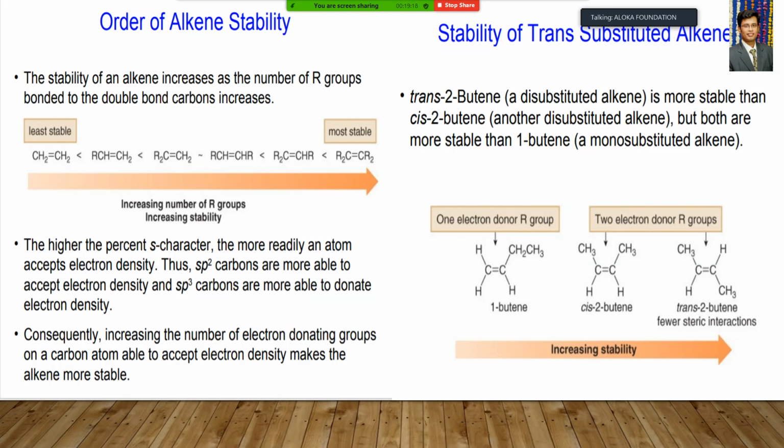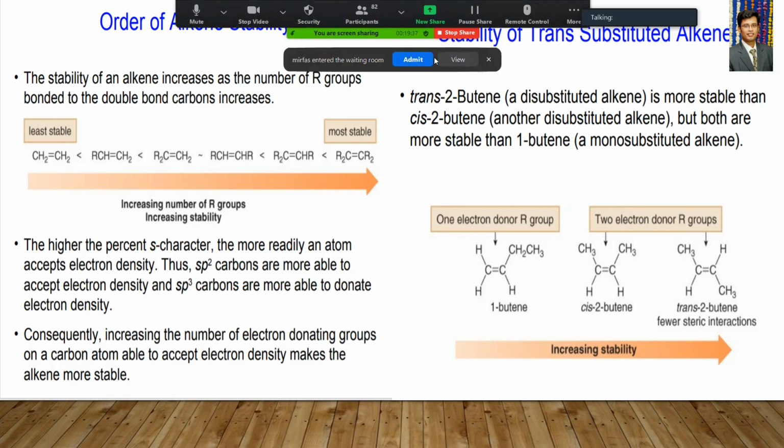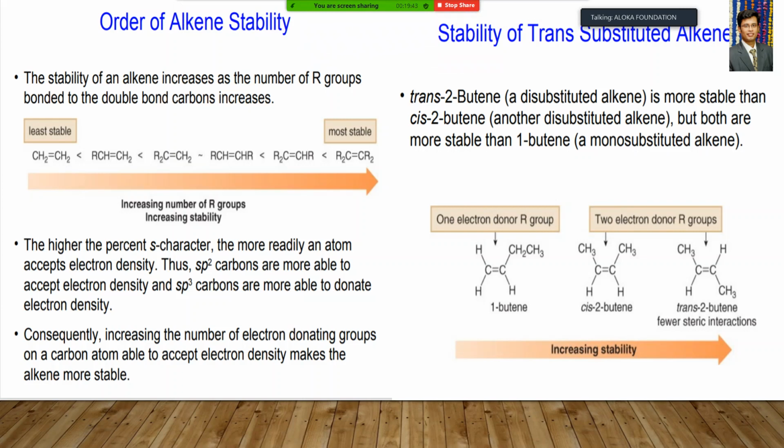Thus sp2 carbons are more able to accept electron density, and sp3 carbons are able to donate electrons.